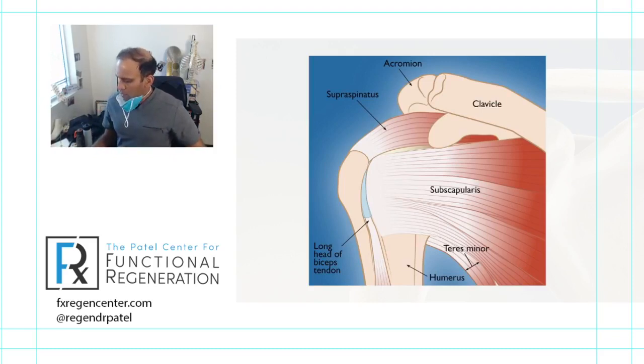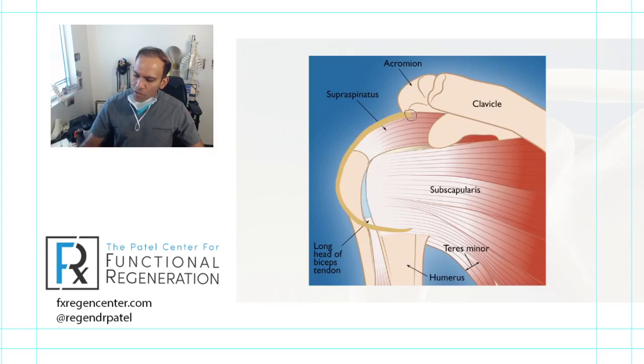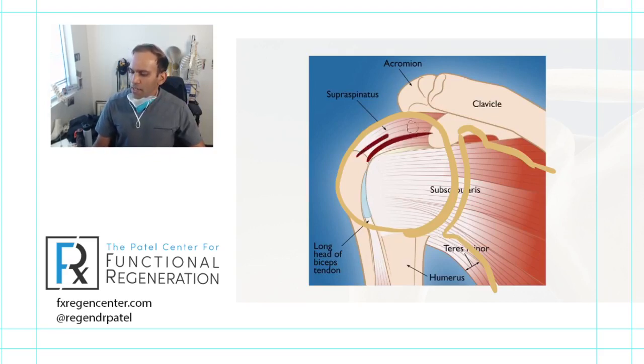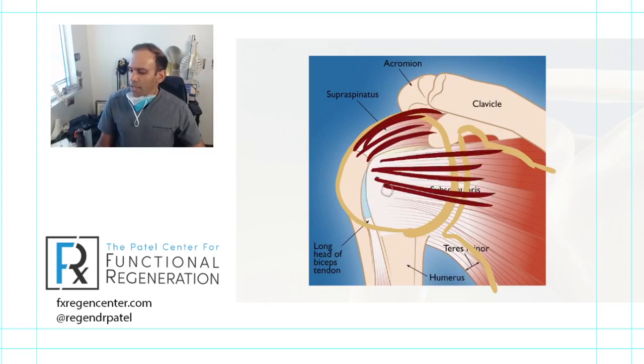So this is kind of the ball and socket here. The ball essentially of the bone is right here, and then the socket is right here, right? If you look through the muscle, you can see that the ball and socket is right there. Your rotator cuff tendons are all wrapping around that ball and socket, okay?